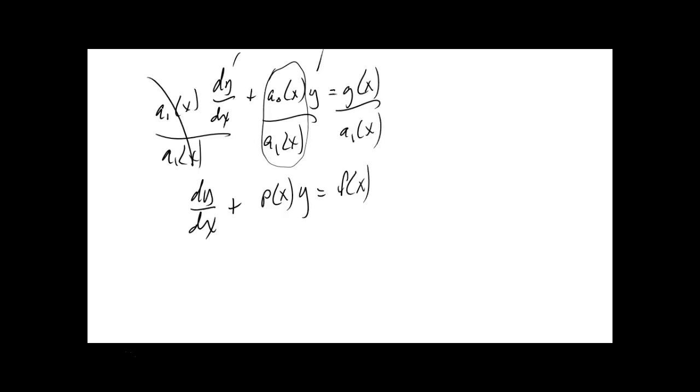You would have to, of course, add this to that side. If f of x was a constant, that would work. It can't be a function of y, it would be a linear function. It could be a constant function. So if that was a constant function, then subtract this from both sides, and you'd have c minus p of x y.